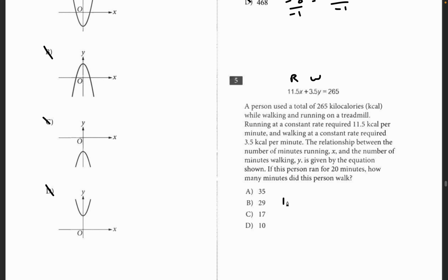So 11.5 times 20 plus 3.5y equals 265. Okay, I'm having trouble writing this a little bit.